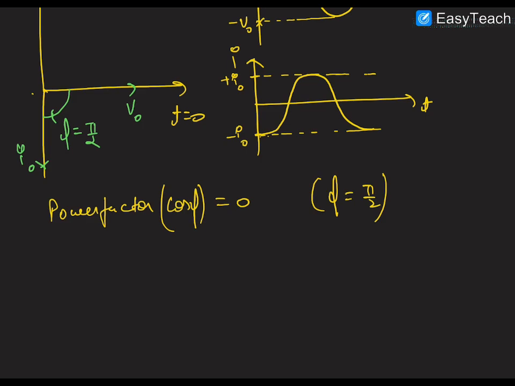Plus or minus pi by 2 doesn't matter because cos phi is 0 for both of them, and the average power loss in the circuit is 0, which is obvious because we have already discussed that capacitor and inductor are devices used to store energy rather than losing it. There is no resistance present in this circuit, so there will be no loss of heat, and as there will be no heat loss, the average power loss will be zero.